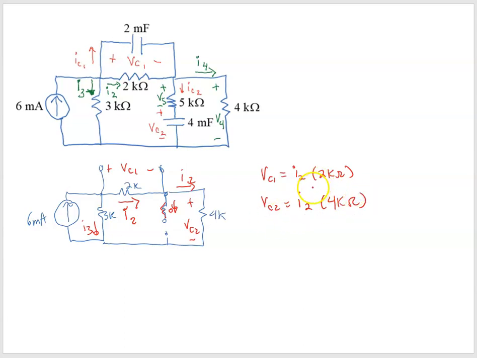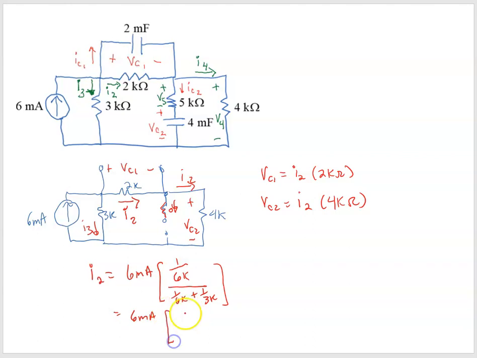So now we just need to find I2. We can find our I2 with a current division. I2 is equal to the 6 milliamps times 1 over 6K, divided by 1 over 6K plus 1 over 3K, those are ohms, or equal to 6 milliamps times 3 over 6 plus 3.